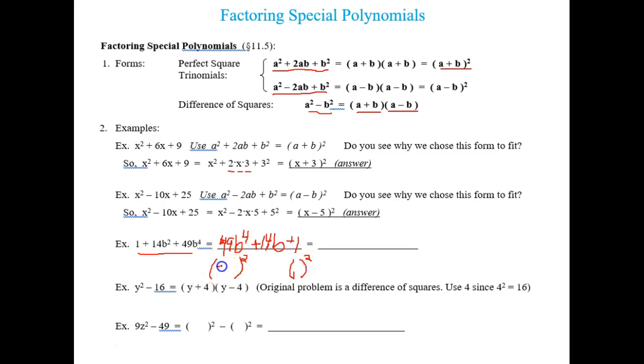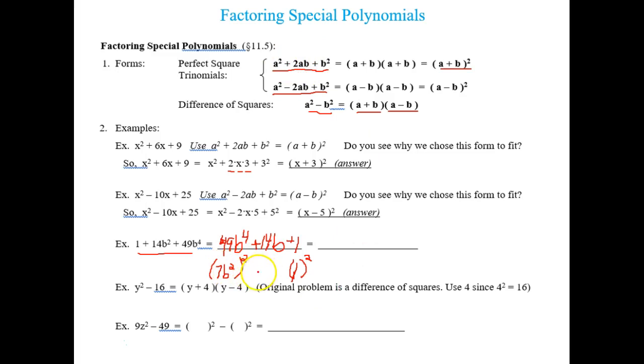Well, 7b squared, when I square that, that gives me 49b squared. And 1 squared is 1. So this 7b squared is the A, and 1 is the B in the first form up here.